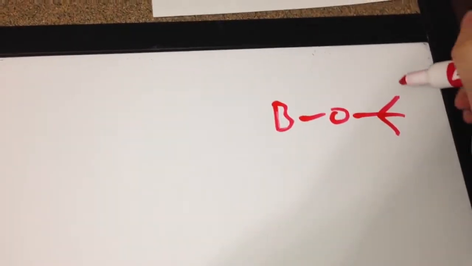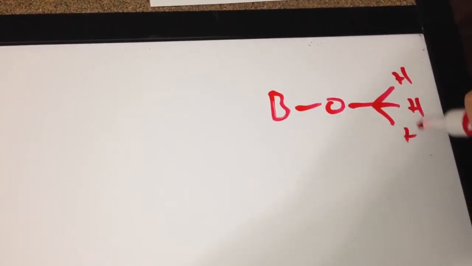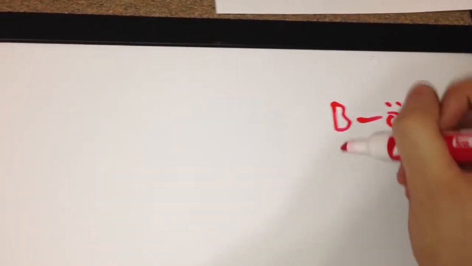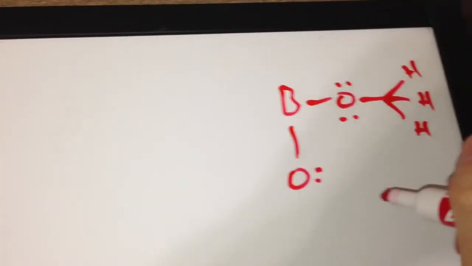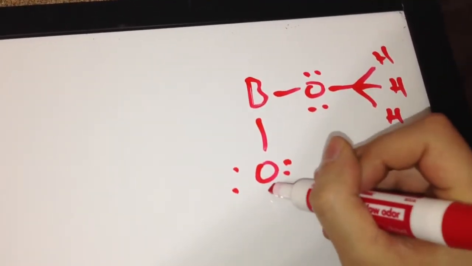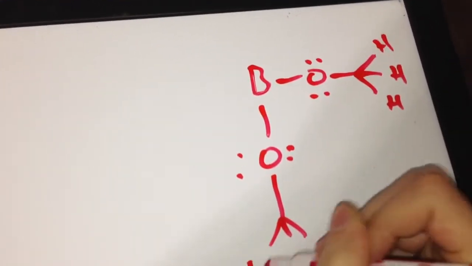So I'm just going to erase everything. You can rewind if you want to see the rest. So pretty much what happened was we had boron, and it was connected to an O, and then that was connected to a carbon, and then that was connected to 3 hydrogens. Okay, and let me just finish writing this.